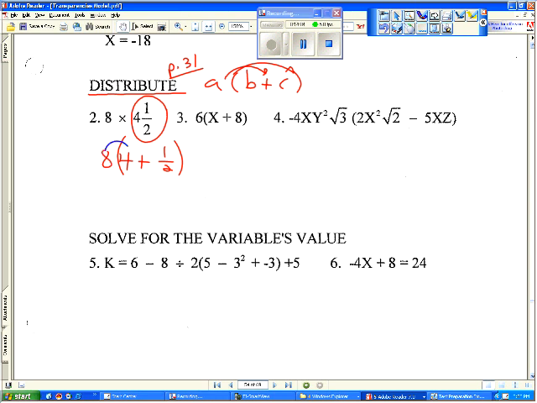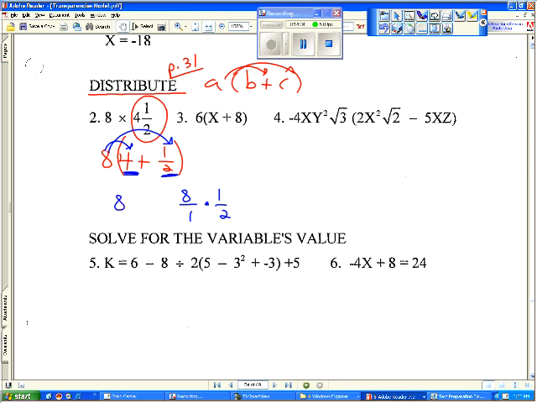So we're going to take 8 times the first thing 4 and 8 times the second thing 1/2. So we have 8 times the first thing 4, 8 again times the second thing 1/2. We have to write the 8 over 1 for the half because the half is a fraction. On the 8 and the 4, you don't have to write them as fractions.